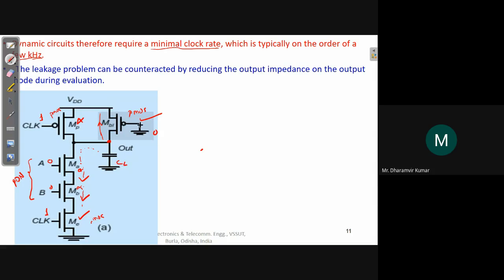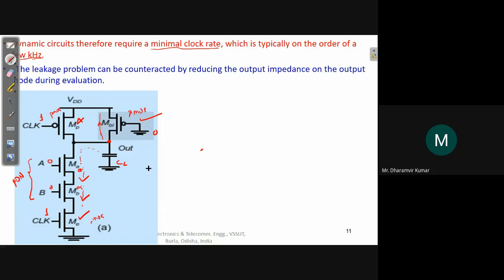So this can be one solution: insert one weak PMOS, not a strong one. One weak PMOS means a small sized PMOS, here between the output terminal and VDD, and this is always on. So during the evaluation phase, this will make sure that the charge content of CL is maintained because of this branch, which is always available to this output node.